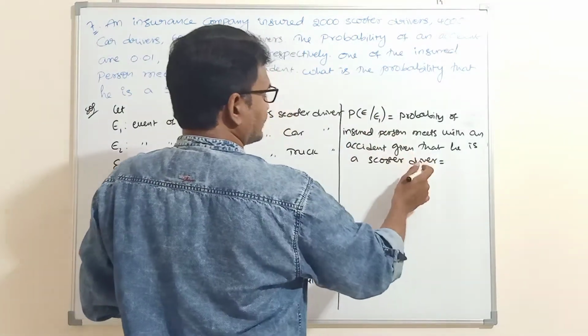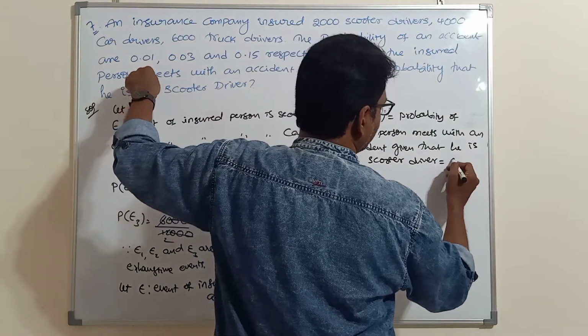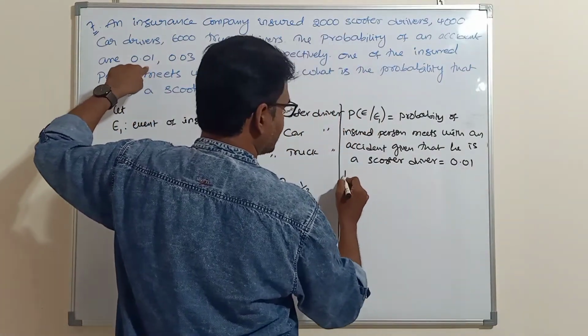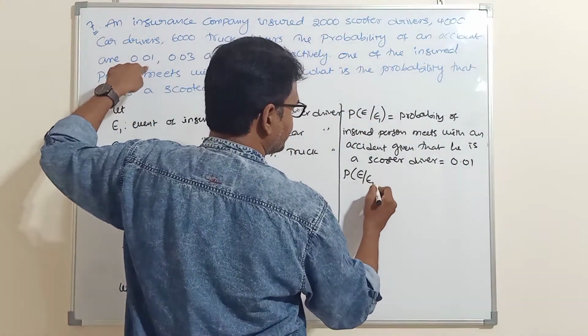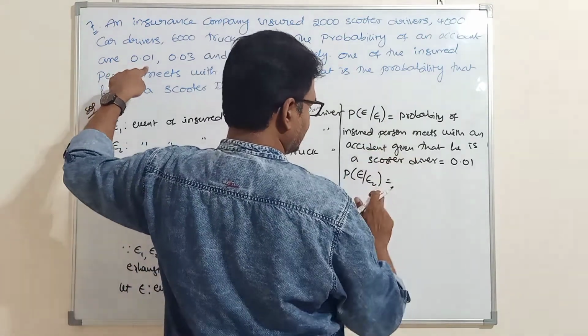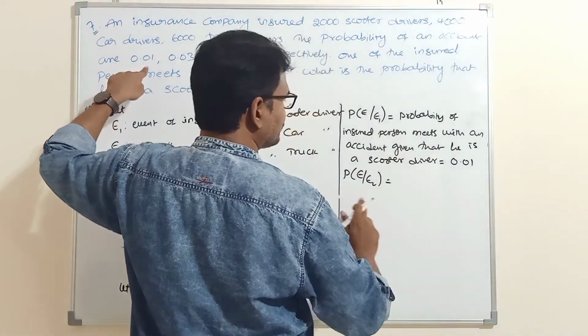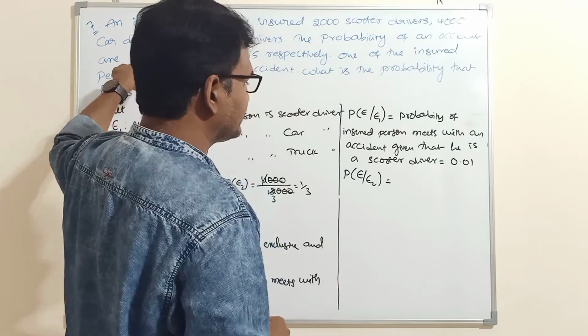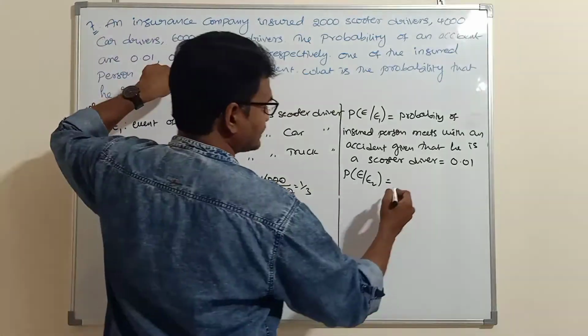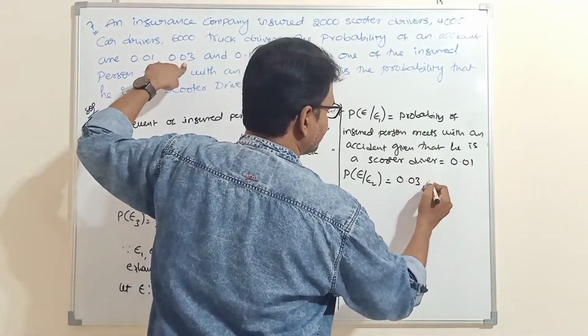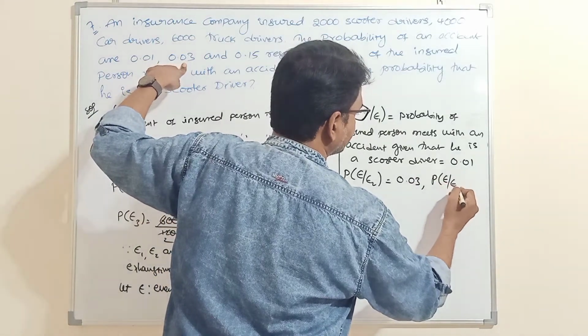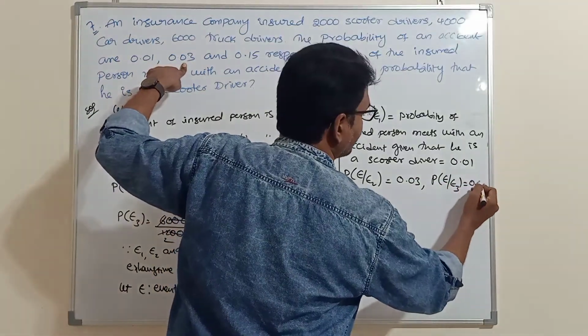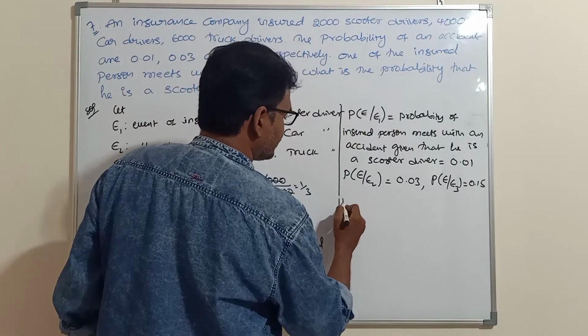Therefore, for scooter driver this is 0.01. Similarly, P of E given E2: the probability that the insured person meets with an accident given that he is a car driver. This is 0.03. Similarly, P of E given E3 is equal to 0.15.